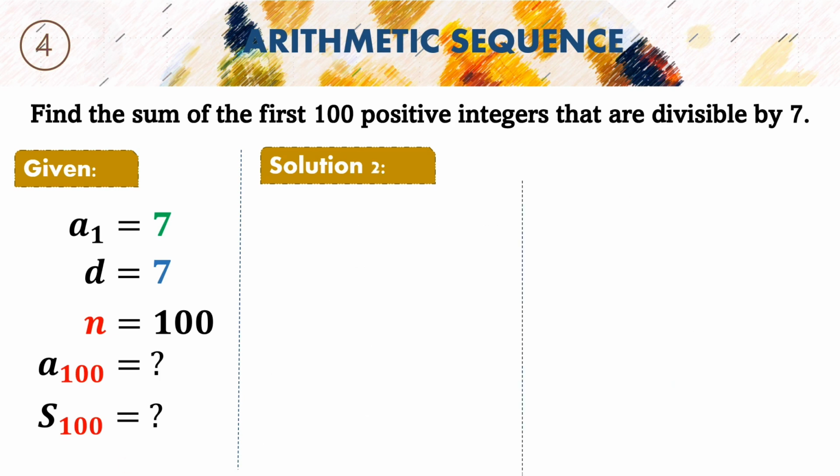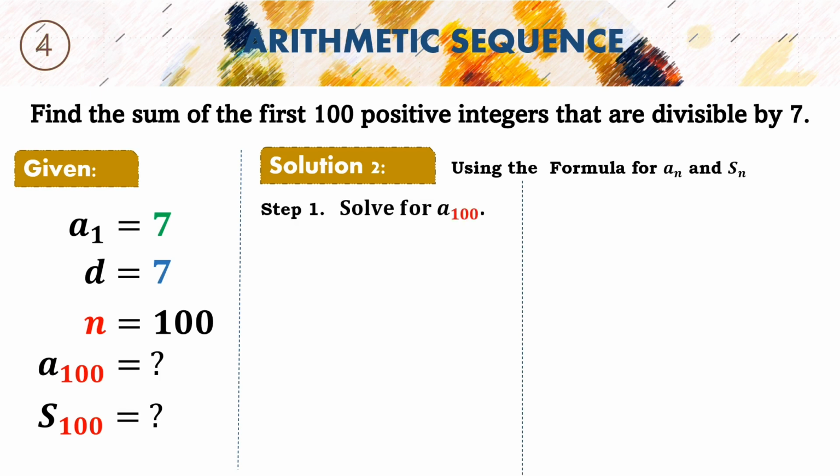Okay, let's try solution 2, by using formula 1 and the formula for the last term. We know already the given. So step 1, solve for a sub n, which is the last term, or the 100th term, or a sub 100.